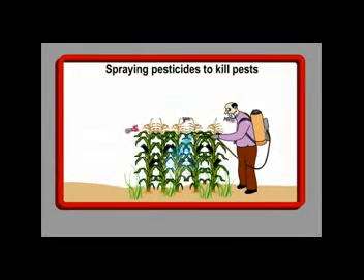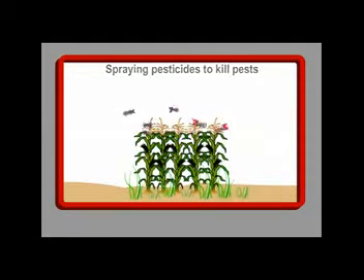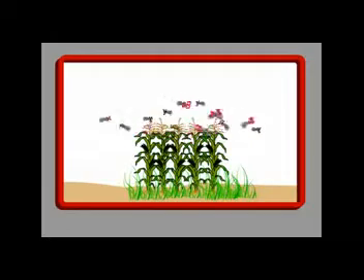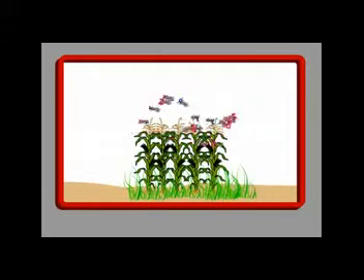GE crops are also a danger to the environment. Studies have found that there are less good organisms in the soil where GE crops are grown. Sometimes harmful fungi and weeds start to multiply. GE crops do not eliminate the use of pesticides as companies claim.